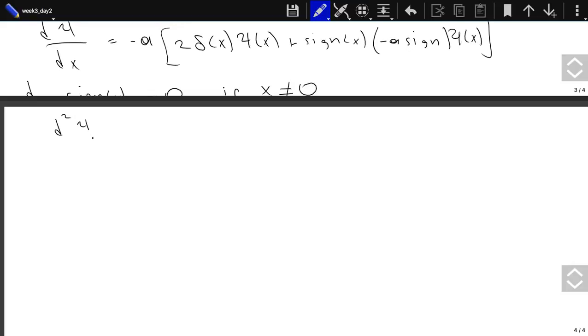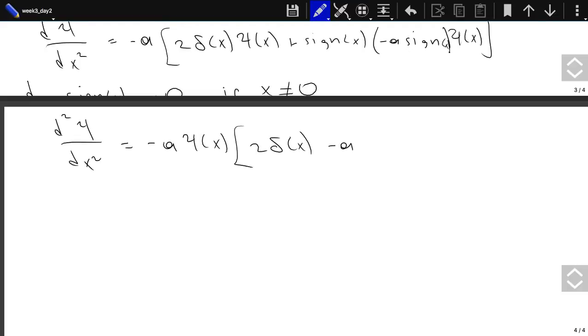So the second derivative of psi with respect to x squared is minus a psi of x times twice the Dirac delta of x, minus a.